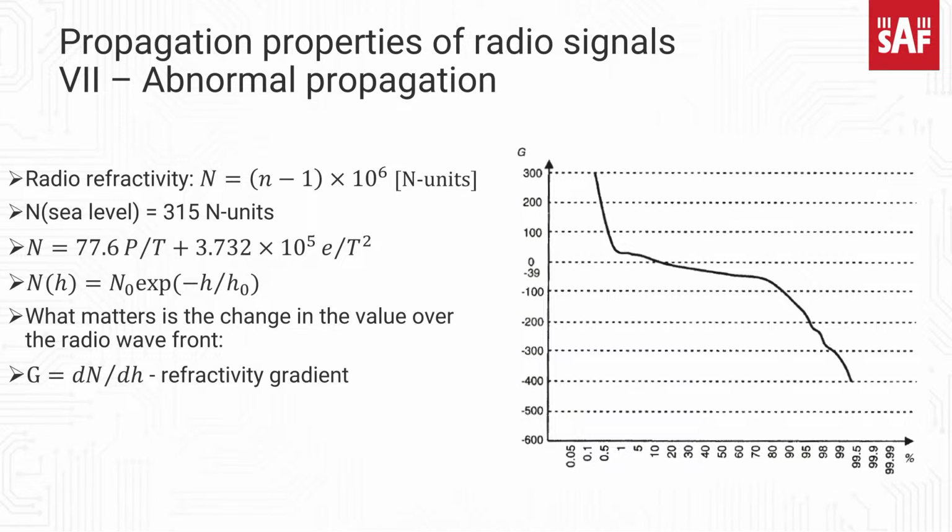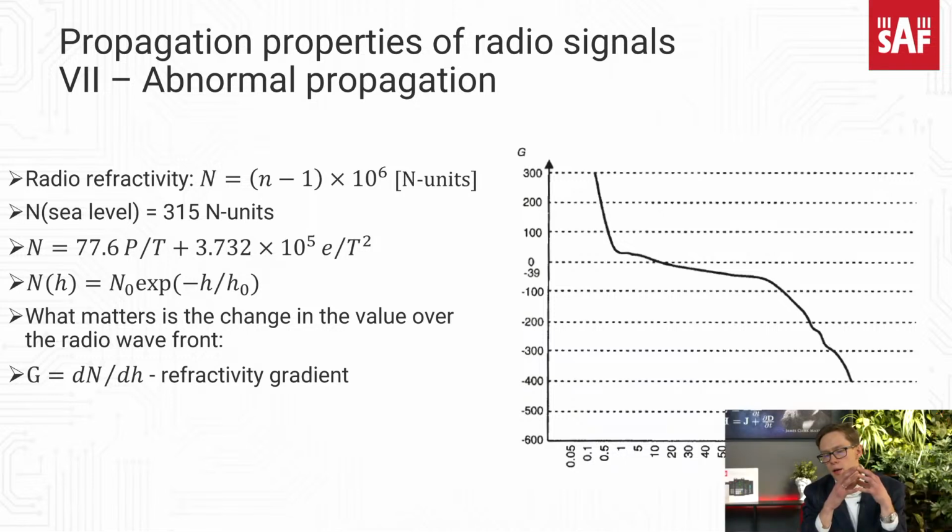What we have here is the probability of a certain refractivity gradient being present. The refractivity gradient can vary from normal conditions to abnormal conditions, when the refractive index increases with the height or decreases with the height. And we can define this range by looking at this graph.